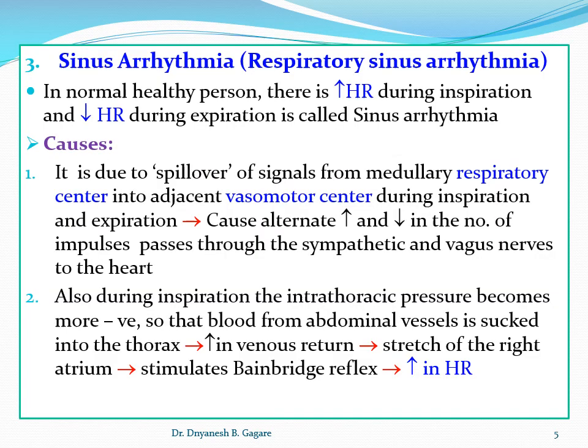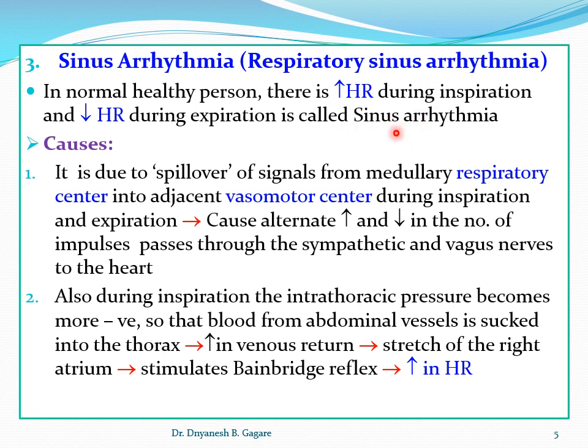Okay, now what is a sinus arrhythmia? The third cause of cardiac arrhythmia is sinus arrhythmia. It is also called the respiratory sinus arrhythmia. So what is sinus arrhythmia? In a normal healthy person, it happens normally, first thing, and there is an increase in heart rate during inspiration, and a decrease in heart rate during expiration, which is called the sinus arrhythmia.